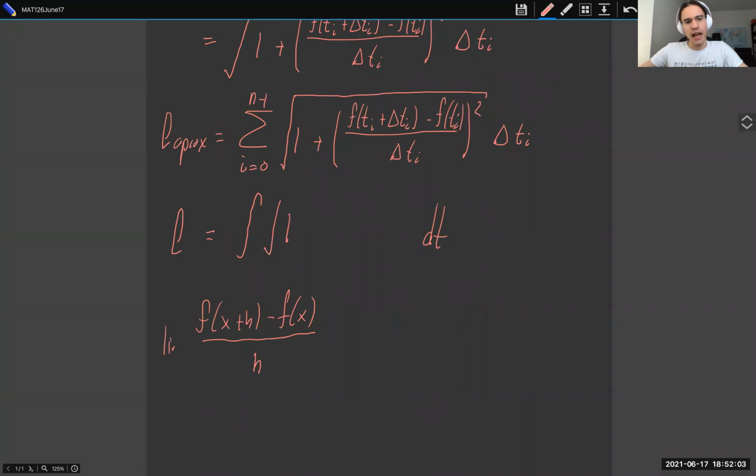The limit as h goes to 0 of this is equal to what? We know this. We definitely know this. Anyone at all?